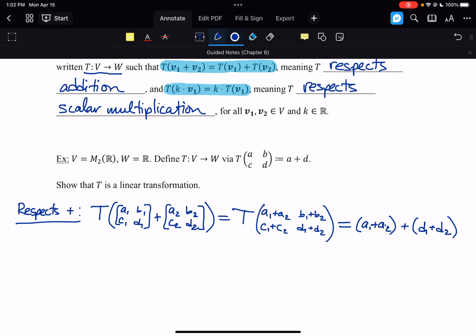Now that we have performed the transformation, let's see what we can do with these. These are all just scalars now. We have A1, A2, D1, and D2. Let's rearrange a little bit. Let's regroup the 1s together and the 2s together. So A1 and D1 are grouped together, and A2 and D2 are grouped together.